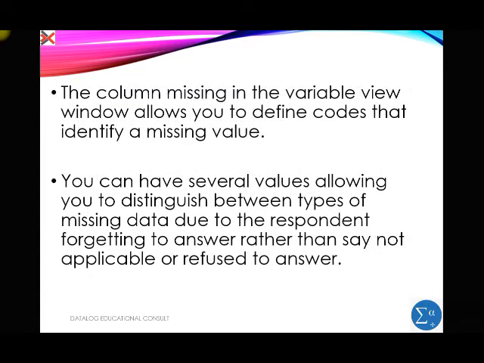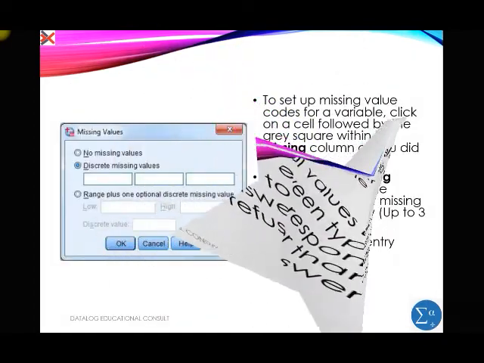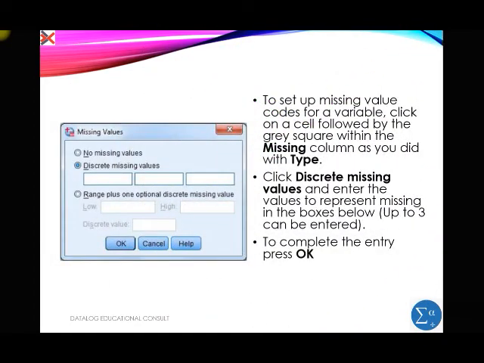The column missing in the variable view window allows you to define codes that identify a missing value. Do you get that? You can have several values allowing you to distinguish between types of missing data, due to the respondent forgetting to answer rather than, say, not applicable or refuse to answer. So in this case, you go to missing column as you did with type.